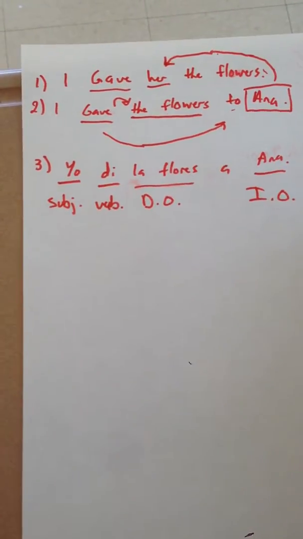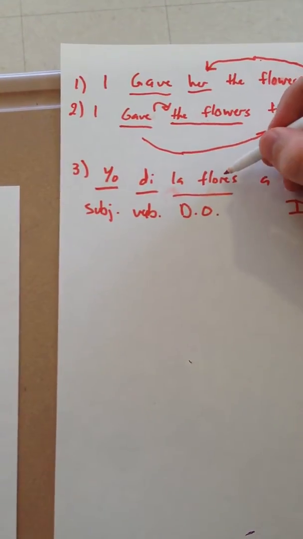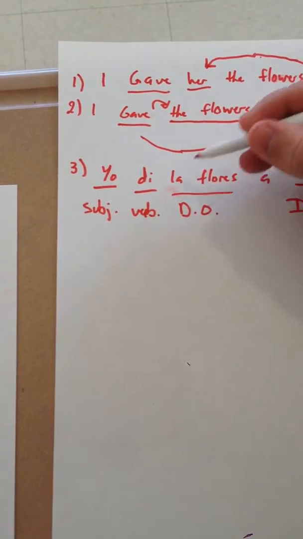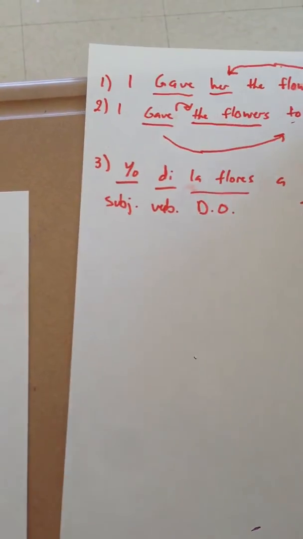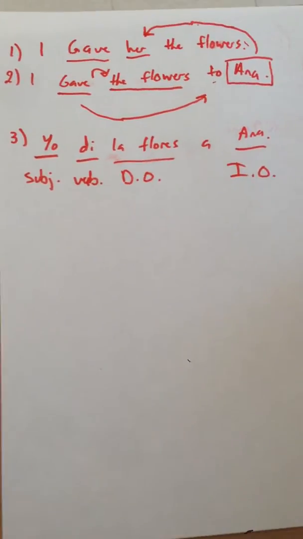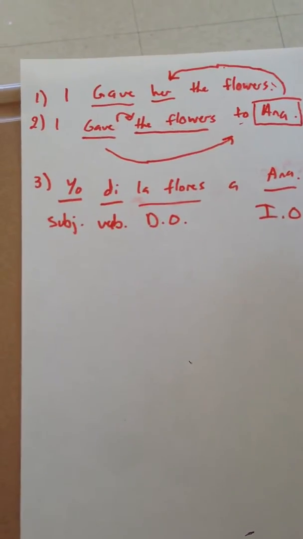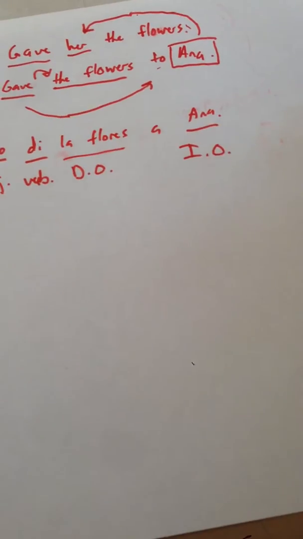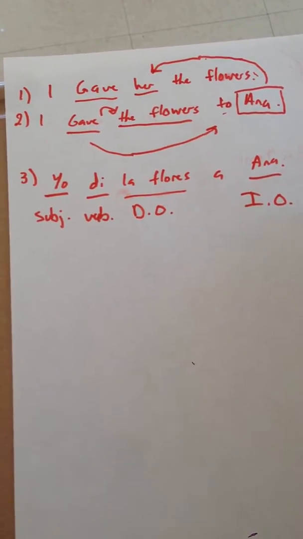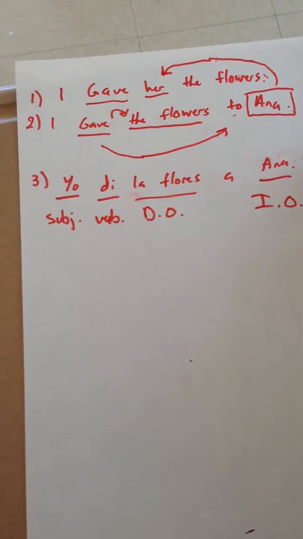In English, what we do is we take these nouns, the direct object and the indirect object, and we replace them with words called direct or indirect object pronouns. Pronouns are shorter words that stand for either the subject of a sentence or the object of a sentence, either the direct or indirect object.